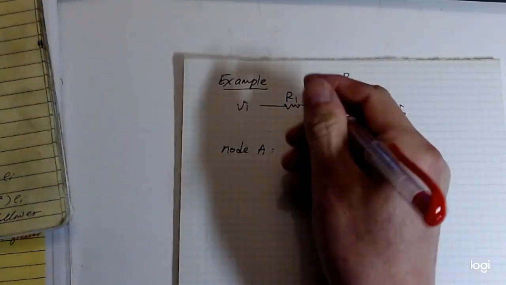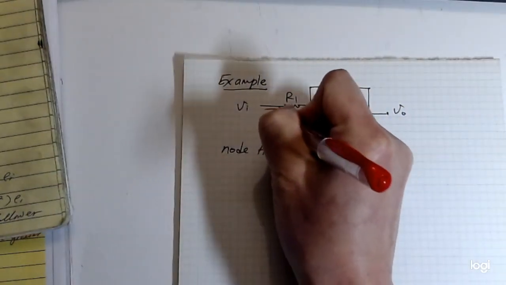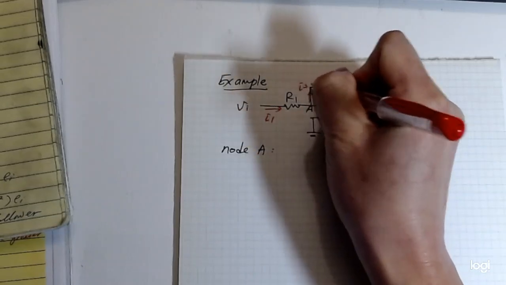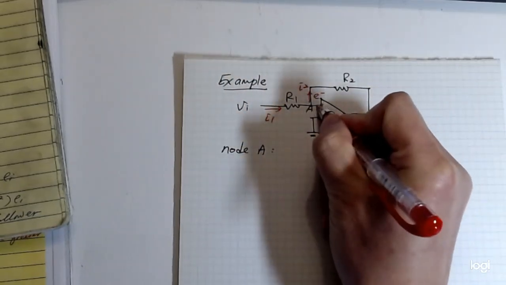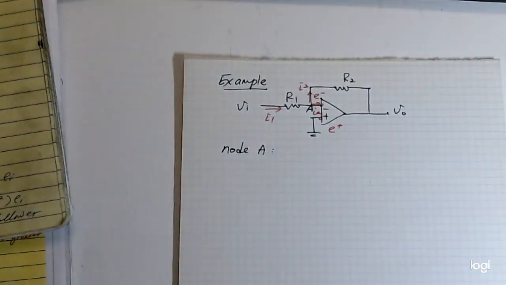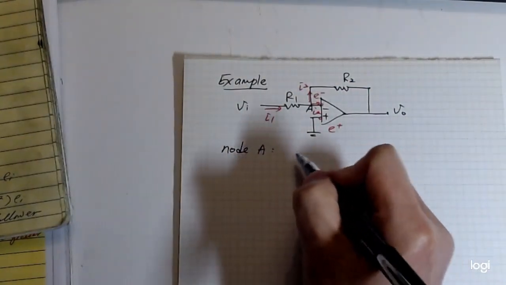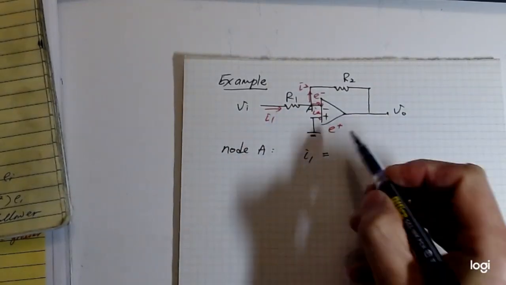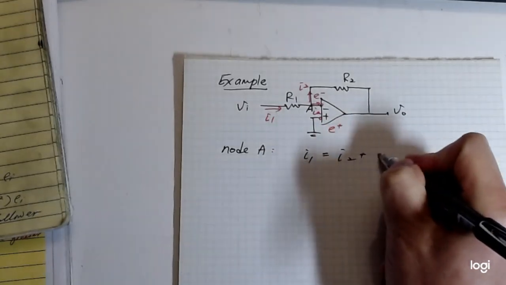So let's define I1, I2, and the one going into the terminal, that's IA. So current in is I1, current out is I2 plus IA.